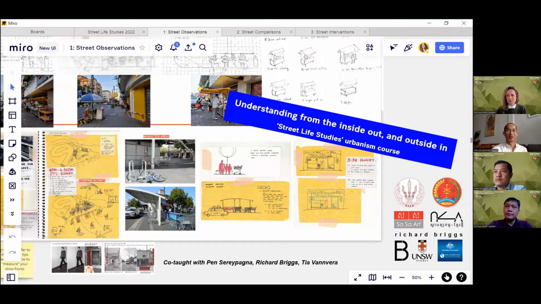Good morning, everyone. Thank you for having us. My name is Lyno, and as Professor Nattakun has introduced, today I'm joined by my other three colleagues, Eva from UNSW Sydney, Piseth from the Royal University of Fine Arts, Phnom Penh, and Thuon from the Royal University of Phnom Penh.